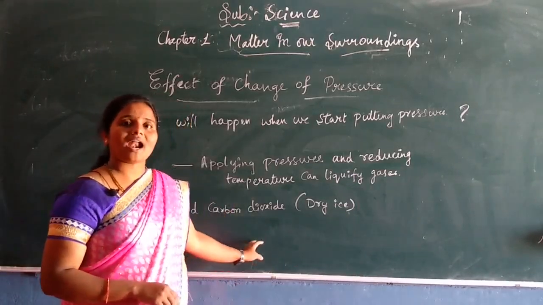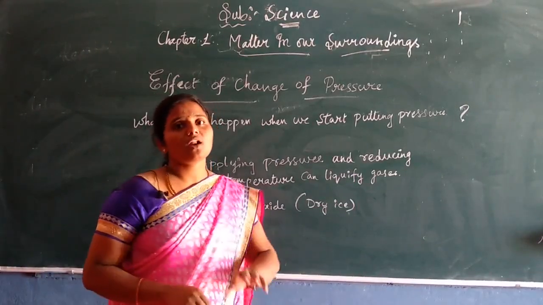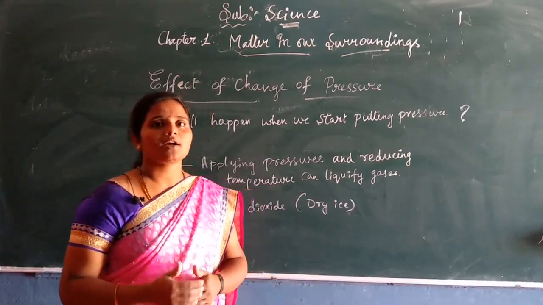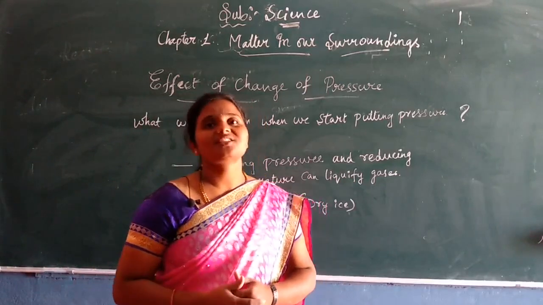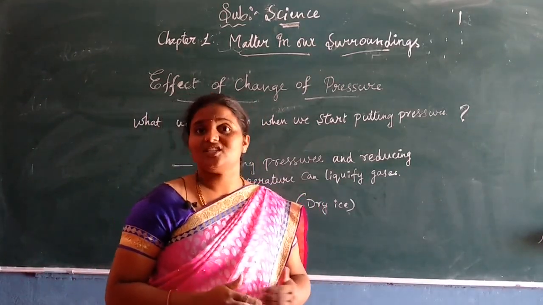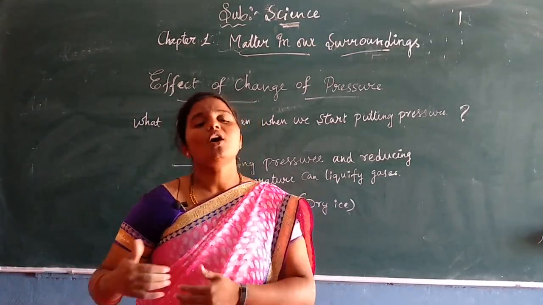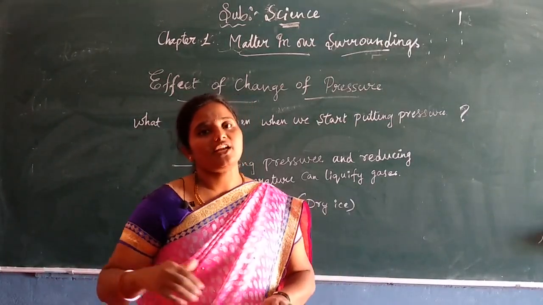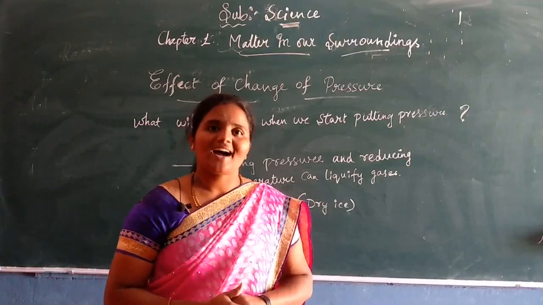When it is stored under high pressure, it converts between the solid and gaseous states. Isn't it, children? It means that solid carbon dioxide gets converted into what is now called dry ice.